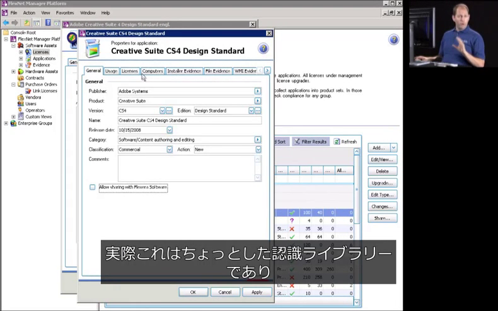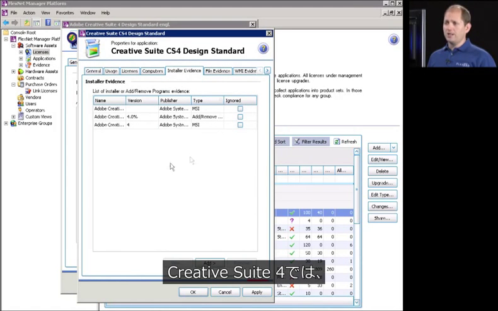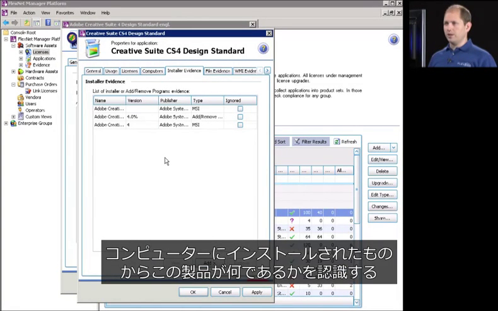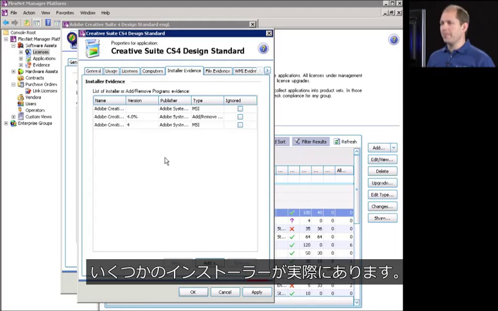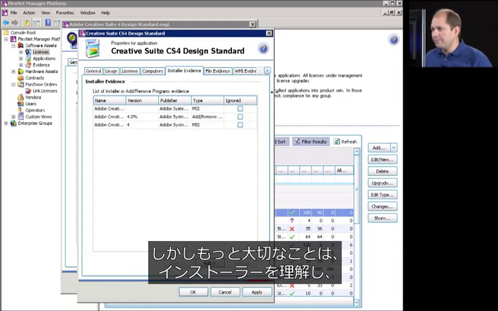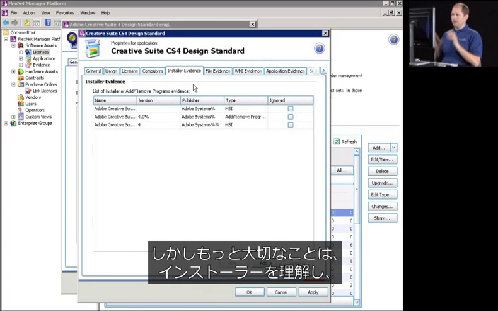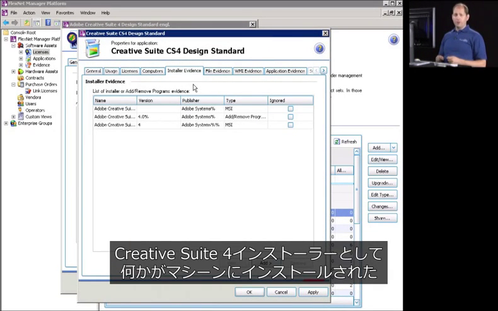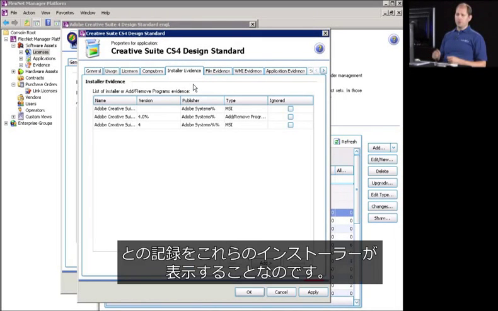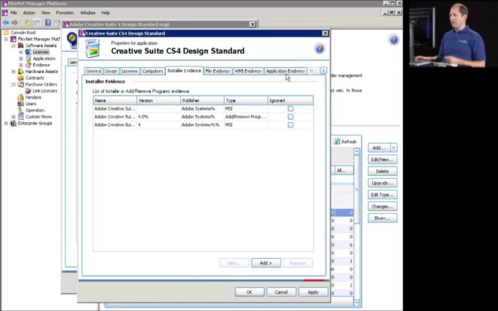So this is a bit of our recognition library in fact. And for Creative Suite 4, I actually have some installers that will recognize what this product is, just from what's installed on a computer. But more importantly, we understand the installers. These installers show us that something has been installed on the machine to mark it as an install of Creative Suite 4.